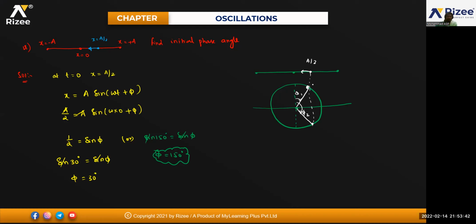When it is at particle position 1 and when it is at position 2. When it is at particle 1, beta, the particle is going towards your right. Particle 2, it is going towards your left. That means we should consider this angle, 150 degrees. Got it?